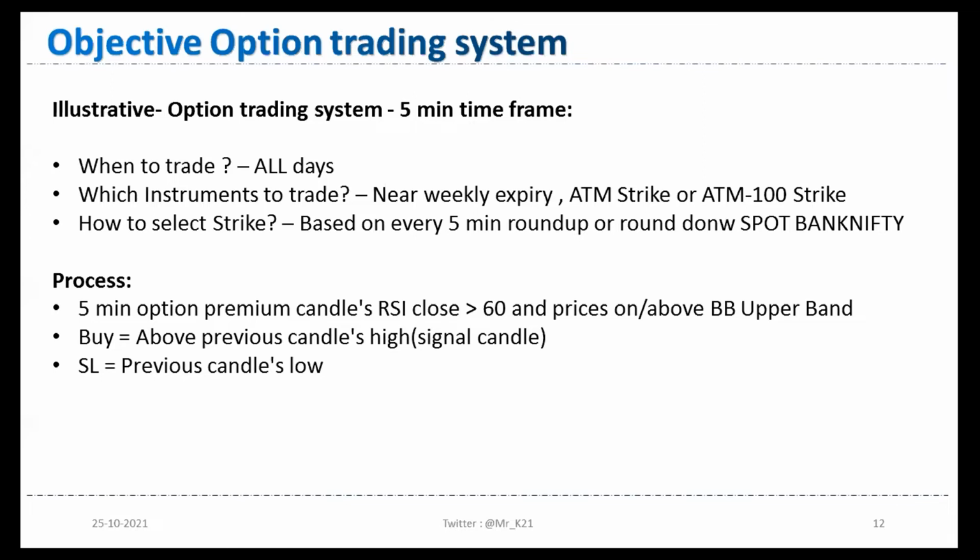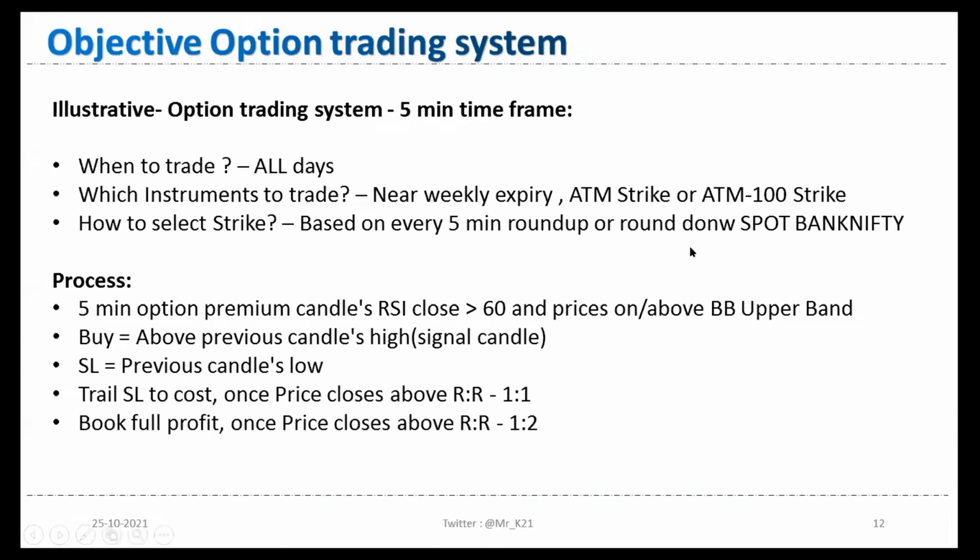My stop loss would be the signal candle's low. After that, if my buy is triggered and my price reaches 1:1, I will trail my stop loss to cost. And once my price closes above 1:2, I will book profit.